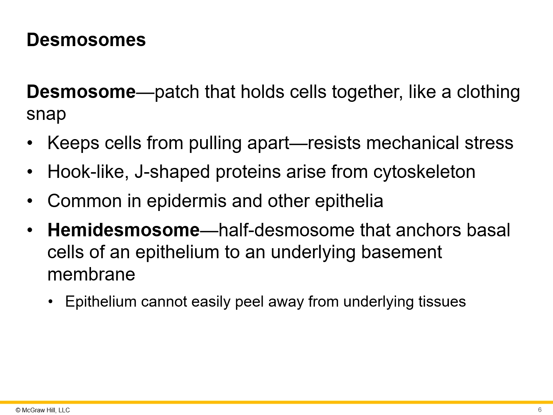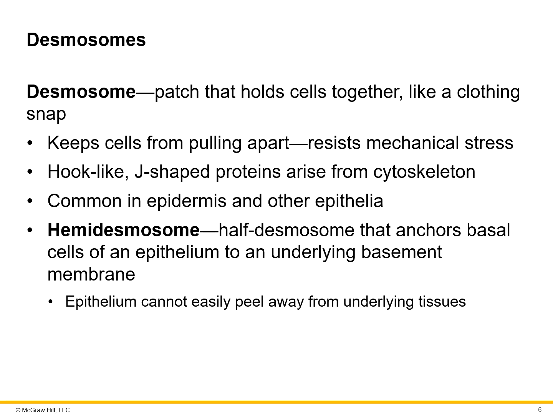These keep cells from being pulled apart, and it helps them resist mechanical stresses. So typically there's going to be a hook or a J-shaped type of protein that actually comes from the cytoskeleton of the cell. We see these a lot in the epidermis and in other epithelial tissues.